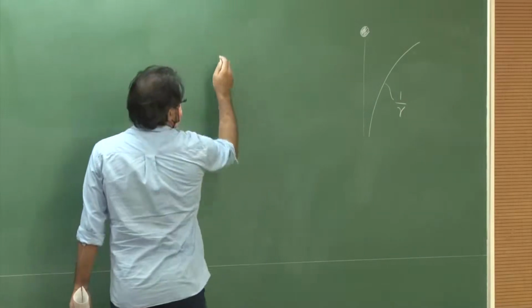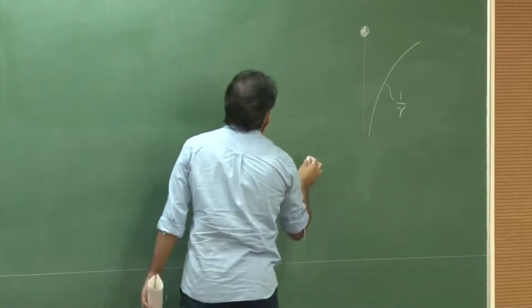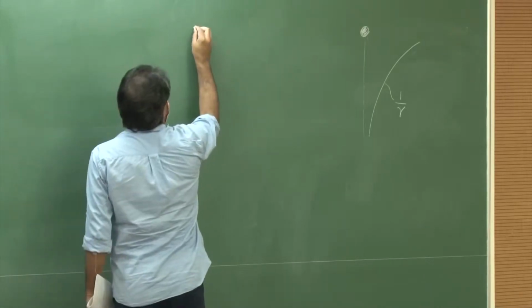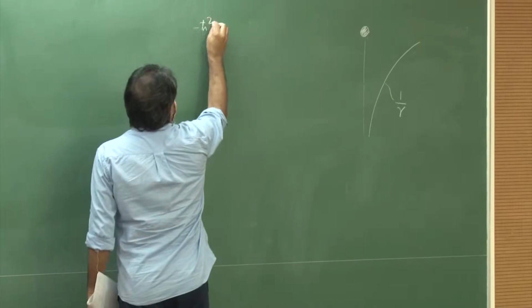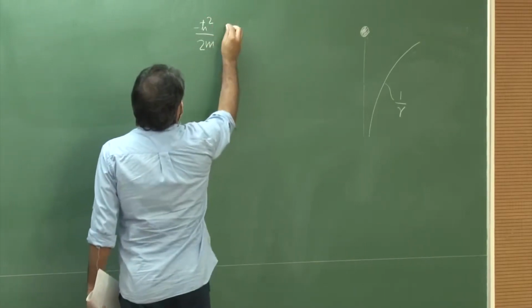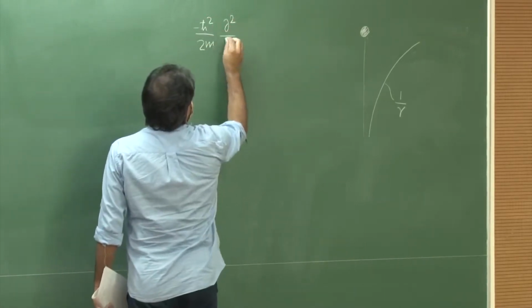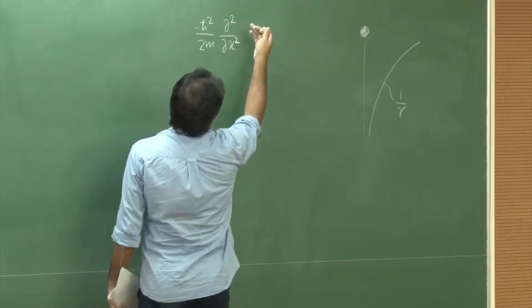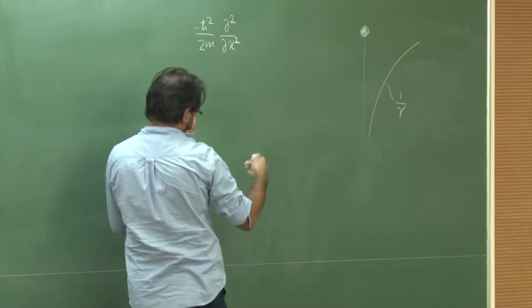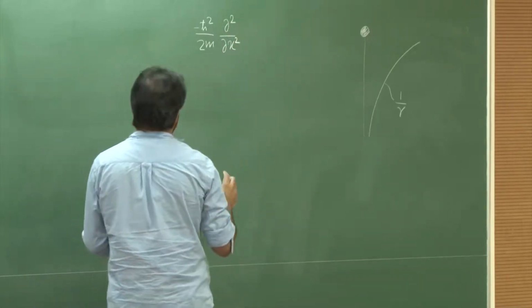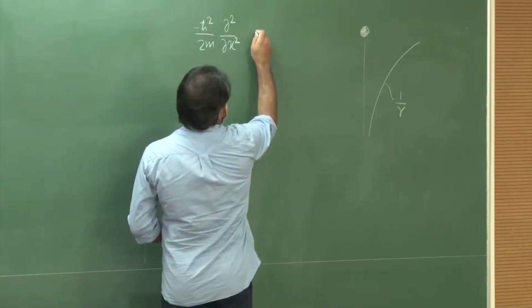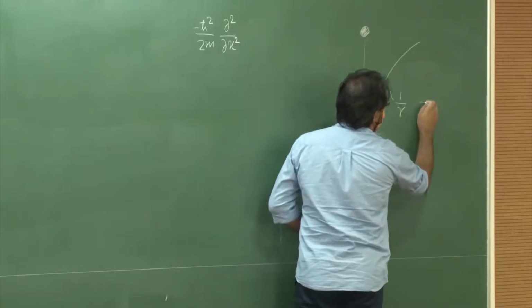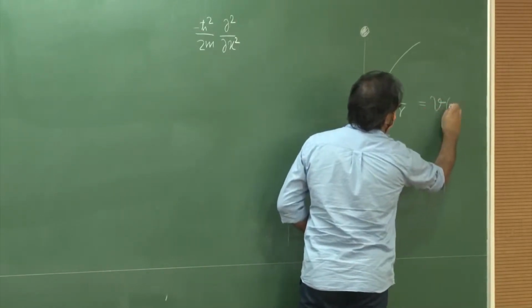So therefore, this electron satisfies the Schrodinger equation, which can be written as minus h bar square by 2m del 2, again 1D, just for simplicity. I mean, we have already said it's spherically symmetric, but just to keep things simple.